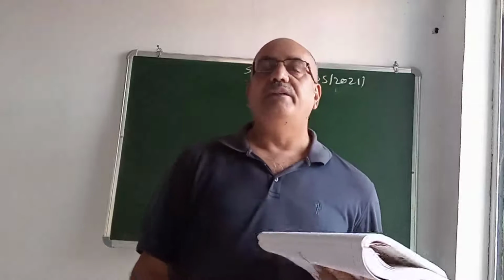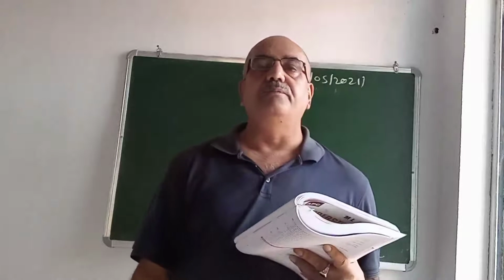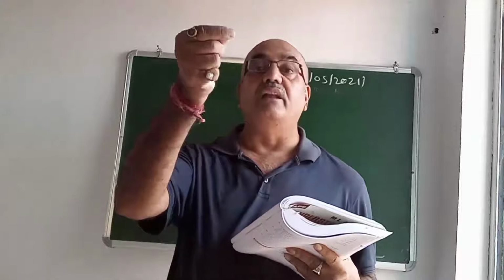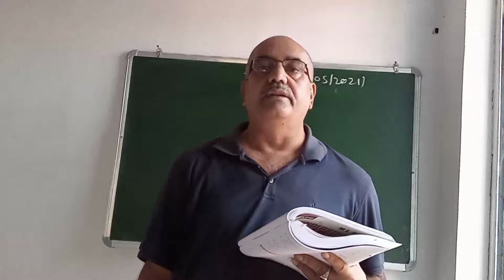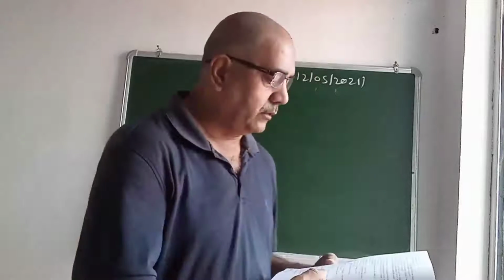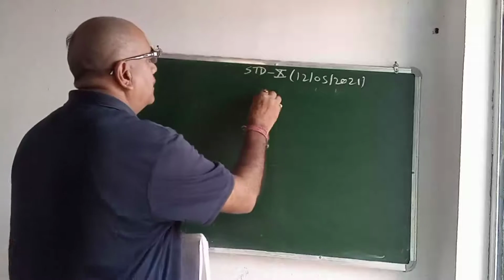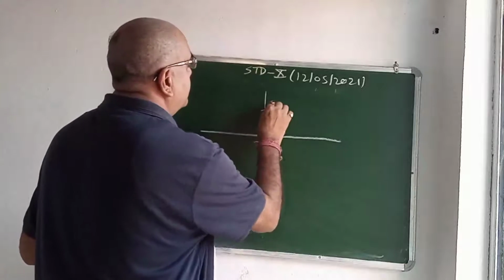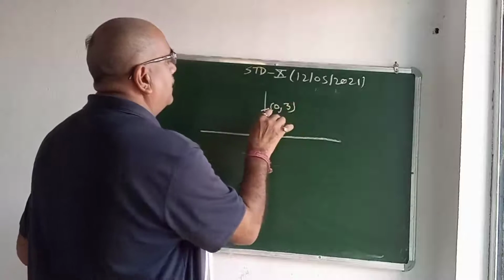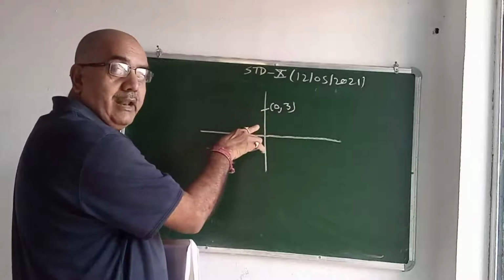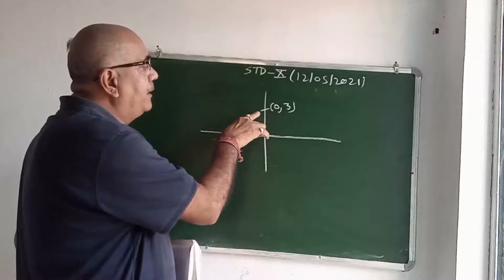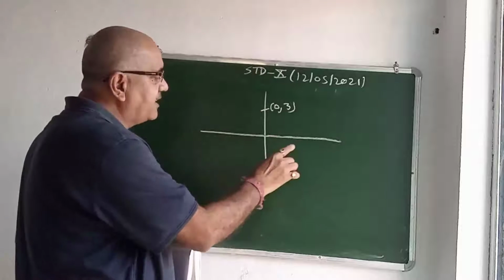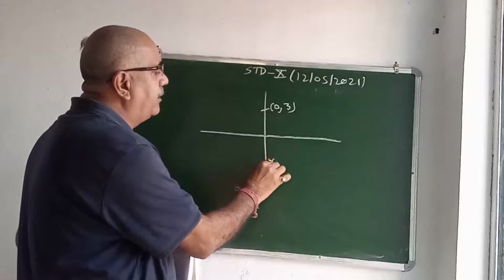Now, invariant point, I will explain to you. Invariant point means the point lies on the line. So, this is 0, 3. This point lies on the line. When it is reflected in the x-axis, the image will form here.